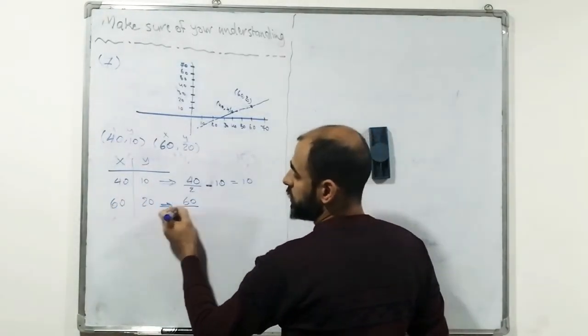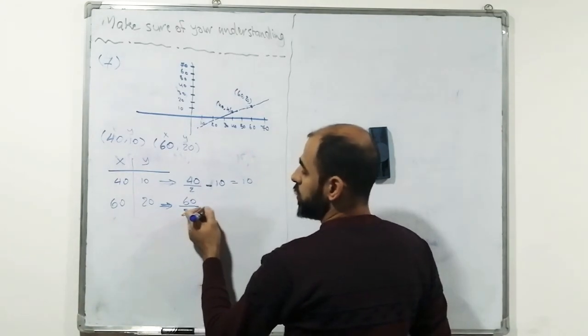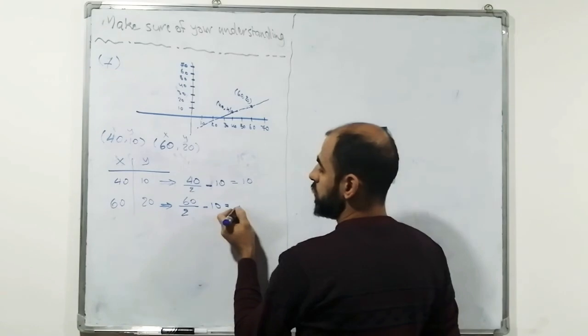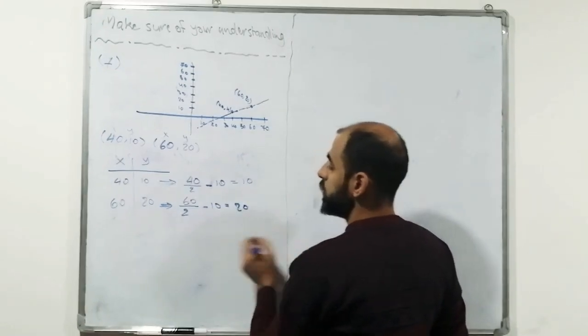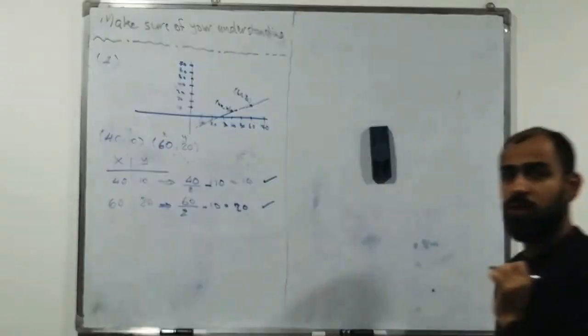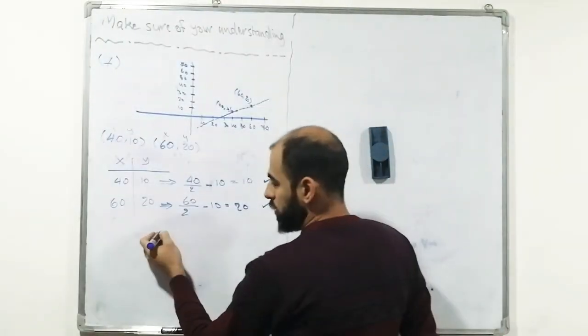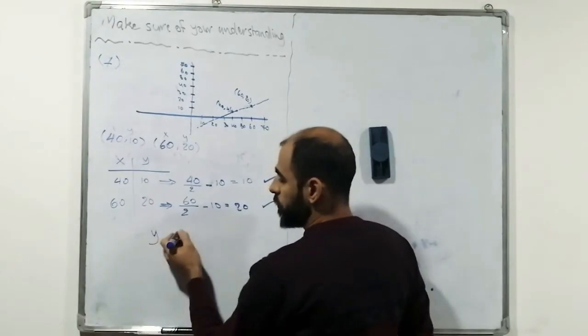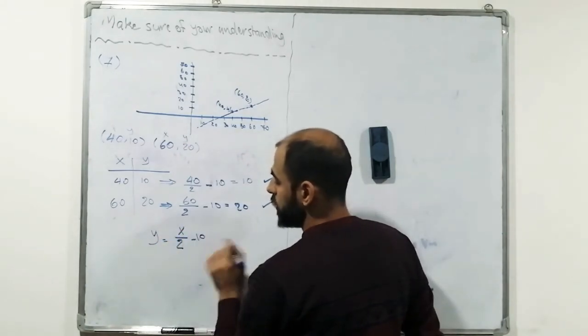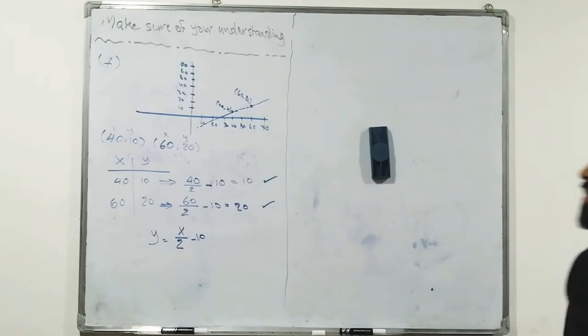The value of x is 16 over 2 equals 8, minus 10 equals 20. Then this is the function rule that we get. That means to get y we have to divide the value of x over 2 minus 10. X over 2 minus 10 gives the value of y.